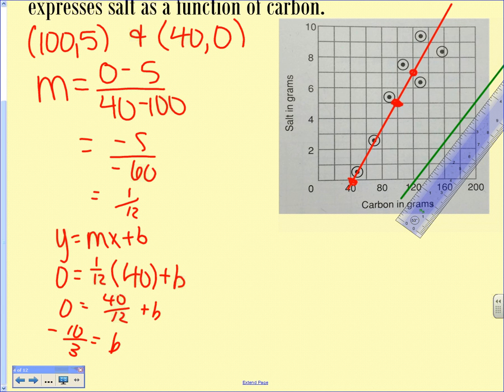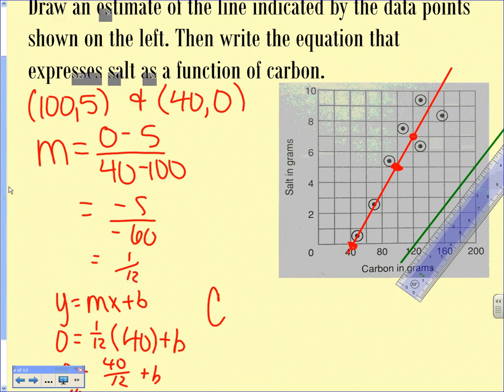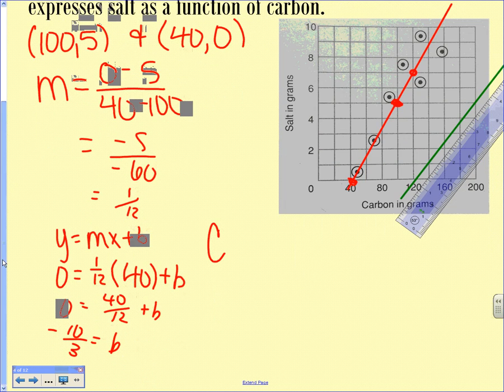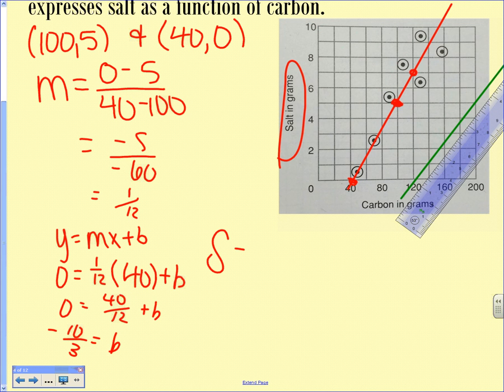So how do I write my answer? Okay, it didn't give us an equation. It just said write it as a function of carbon. So salt is my y-axis. So salt equals 1 over 12, but what is 1 over 12?